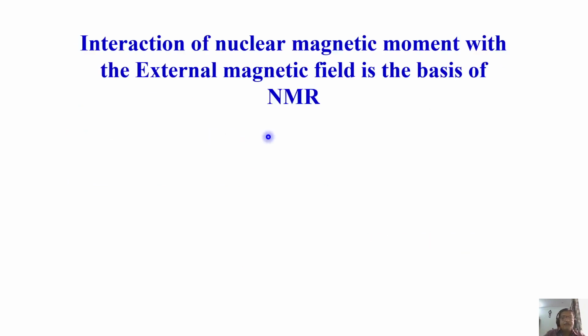Next, another important point I want to stress is, the interaction of nuclear magnetic moment, that is mu, with the external magnetic field is the basis of NMR. Remember, for NMR, we require a very strong magnetic field.